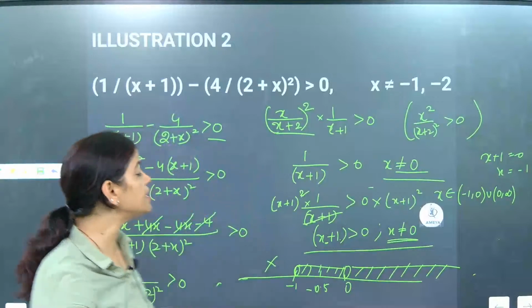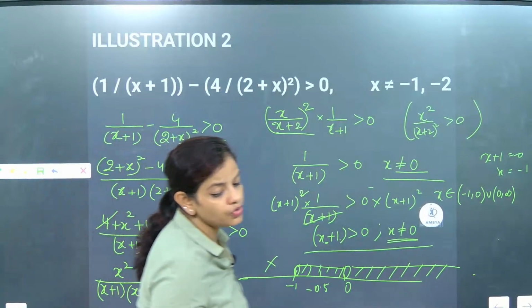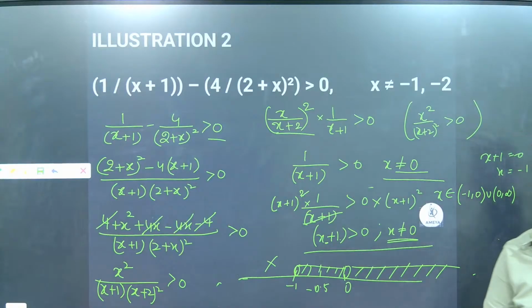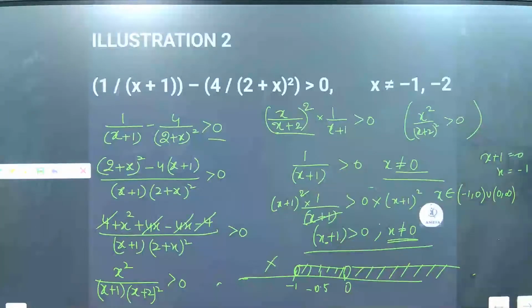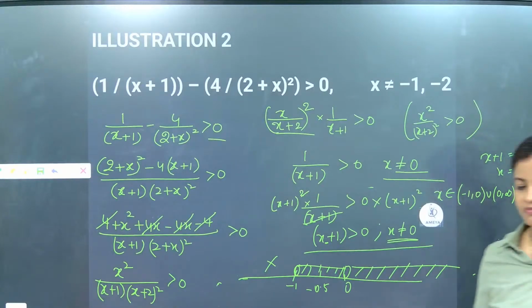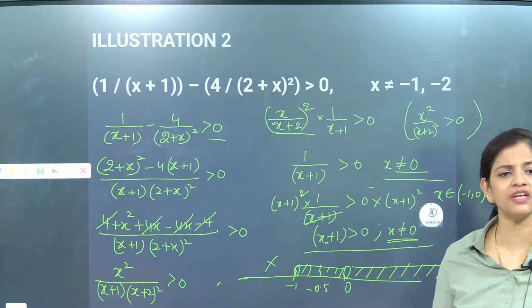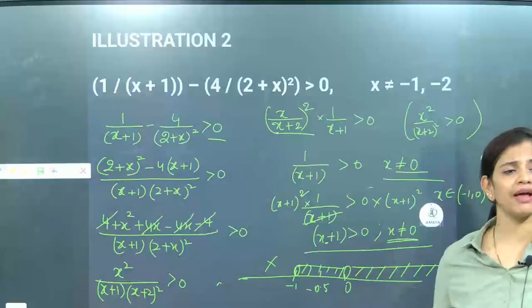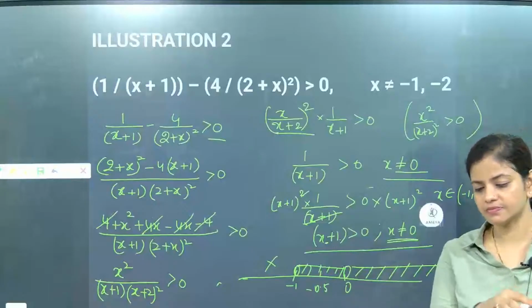For increasing and decreasing functions, learning how to find the region is most important. This is a new part of inequality. This is application of derivative, second section. First part is application of derivative, next increasing and decreasing, next part is maxima and minima.